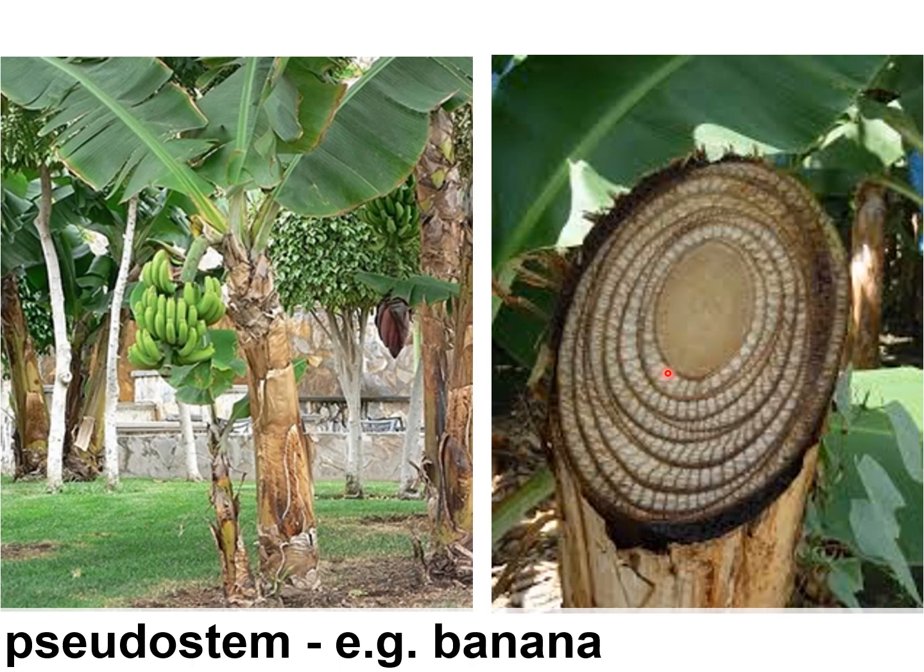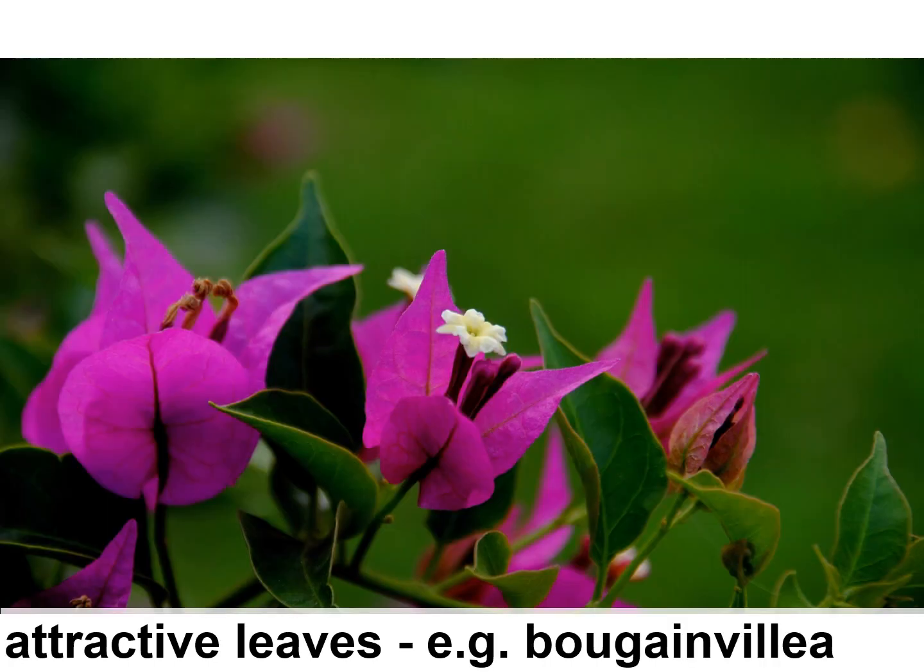Here, this is the leaf sheath of the banana. The pseudostem is the part of the banana plant that looks like a trunk, but it is not the stem. The stems are underground. So we call this the pseudostem. And this is also another modified leaf.